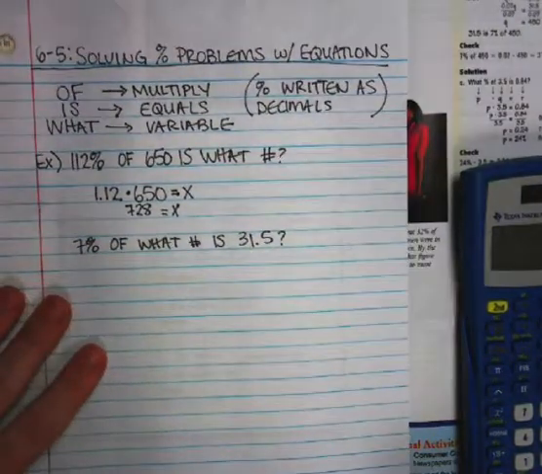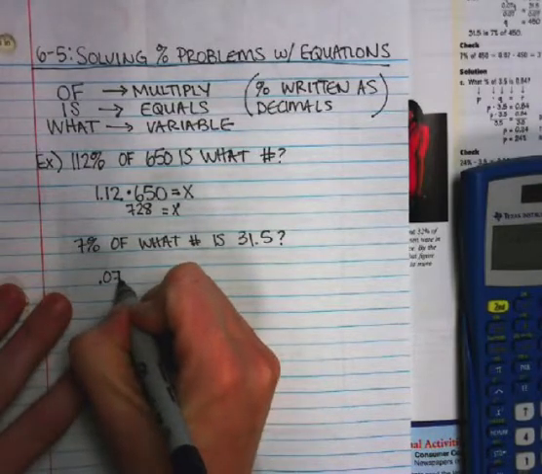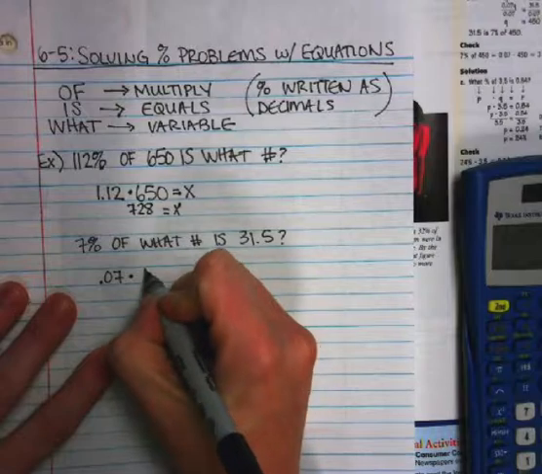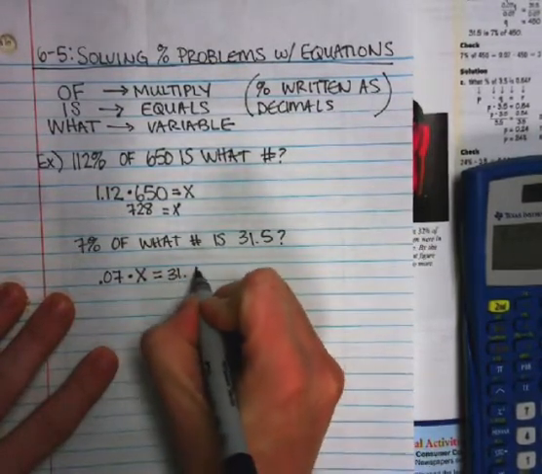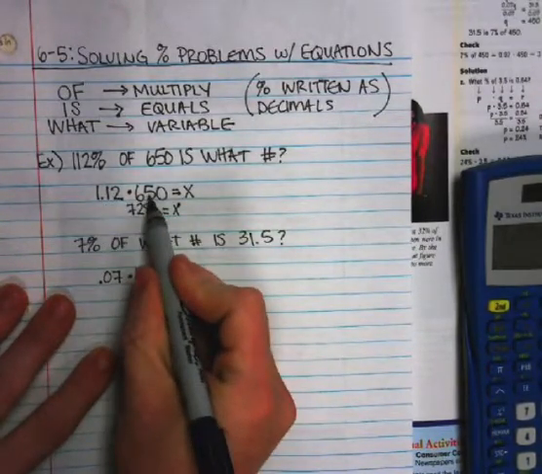Same idea, 7% of, multiply, what number is 31.5? So again, here's our equation. The last one we just had to multiply and we were done.